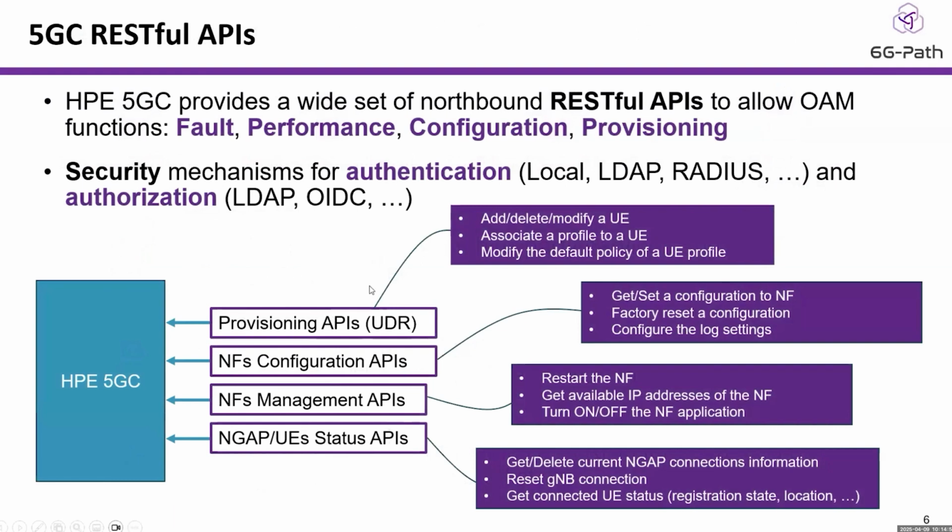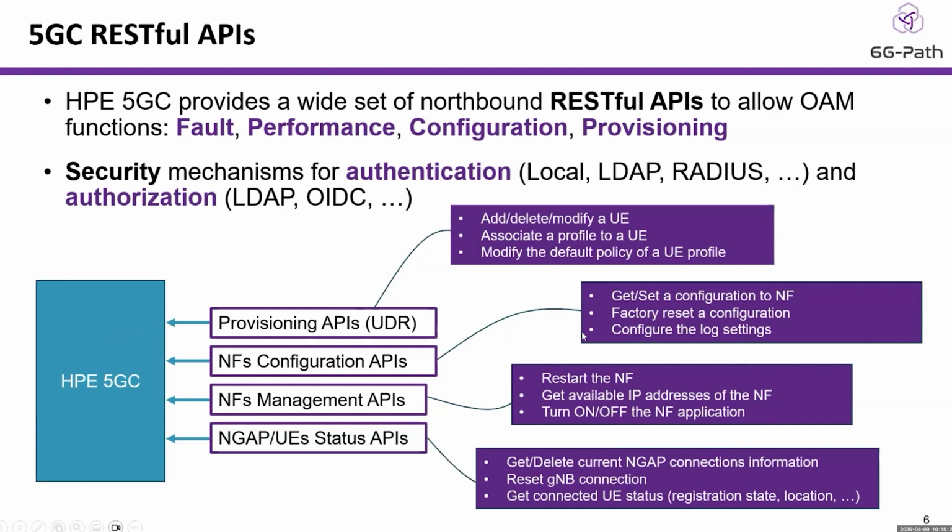So focusing on the RESTful API, as I said, we provide a complete set of RESTful APIs that cover every aspect of management of the core network, providing, for example, performance API, fault API, configuration API, and also provisioning. Any API supports security mechanisms for authentication and authorization procedures.